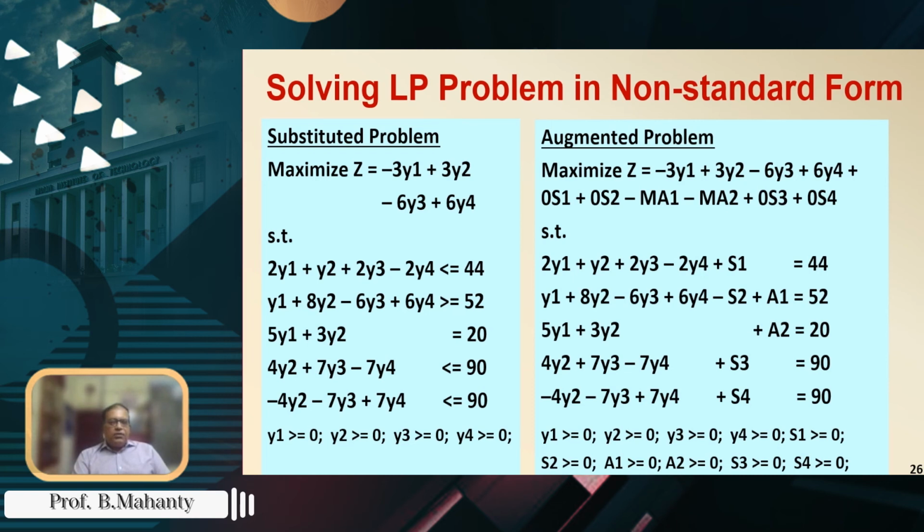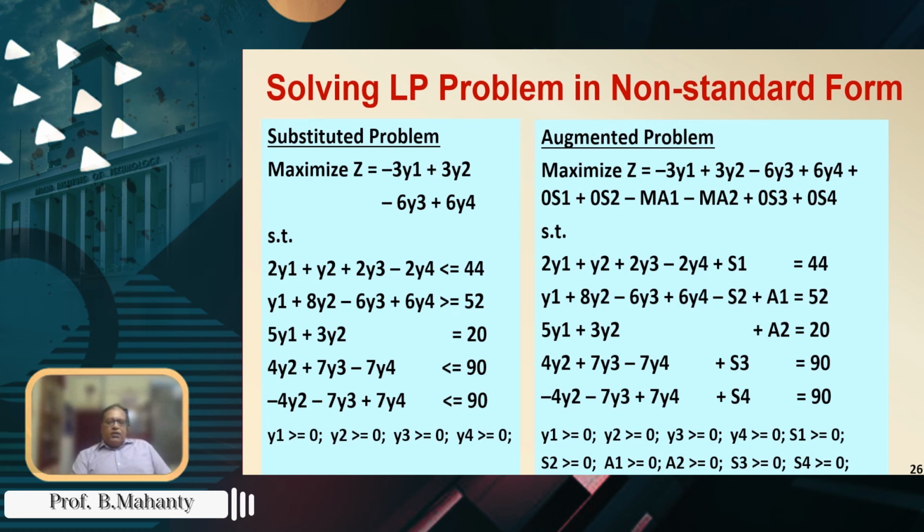The third one is equal to type, so an artificial variable, and the third, fourth and fifth have s3 and s4, two slack variables, and therefore all the five constraints are taken care of. Now all these variables y1, y2, y3, y4, s1, s2, s3, s4, a1 and a2 should all be greater than or equal to 0. So this is how we have been able to put the augmented problem.